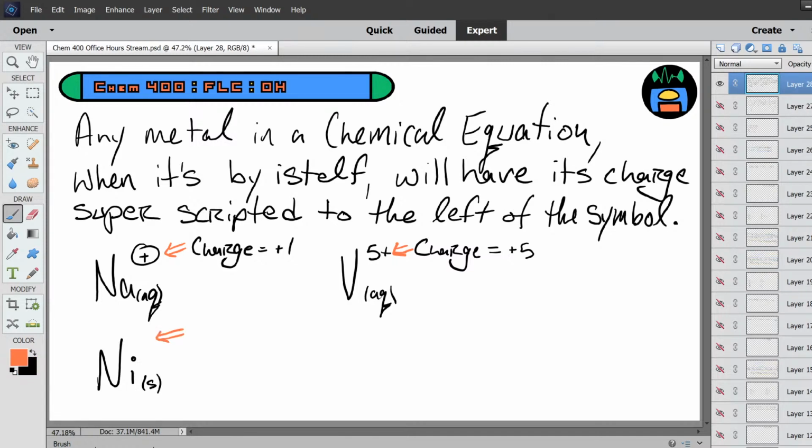As always, the charge is superscripted to the left of the symbol, and you may be going, but Josh, there's nothing there. To which I would say, exactly, the charge here is 0. So if you see a metal alone in a chemical equation, the charge is always superscripted to the left. If you don't see any charge written up there, that means that its charge is 0.